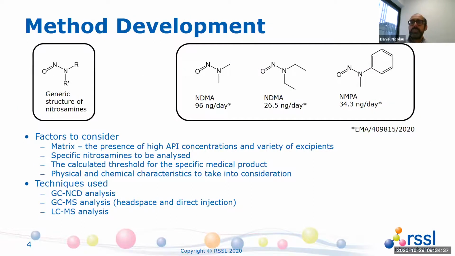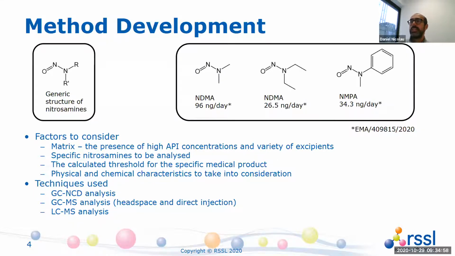And there are a number of factors to consider when you're developing a method for looking for specific nitrosamines. As you can see here on the slide, I have a generic structure of a certain nitrosamine, and then I have some very generic nitrosamines that the regulatory authorities have identified as key targets in the majority of compounds.